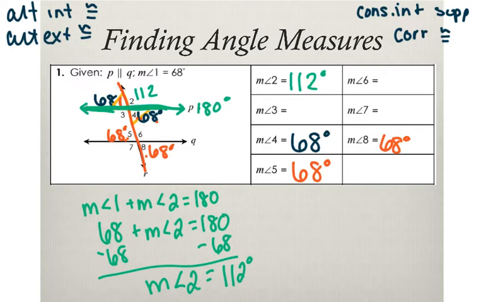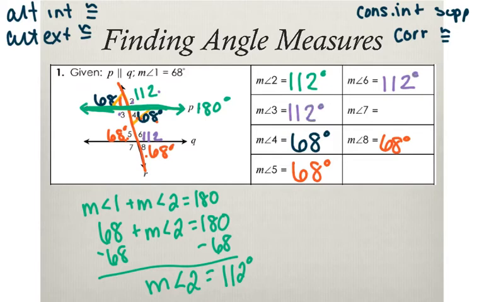So now let's work on solving the rest. So if I jump to doing corresponding, angle 2 and angle 6 are corresponding. So they would have the same measure. Now if I jump to just using alternate interior, angle 3 would be 112 degrees.